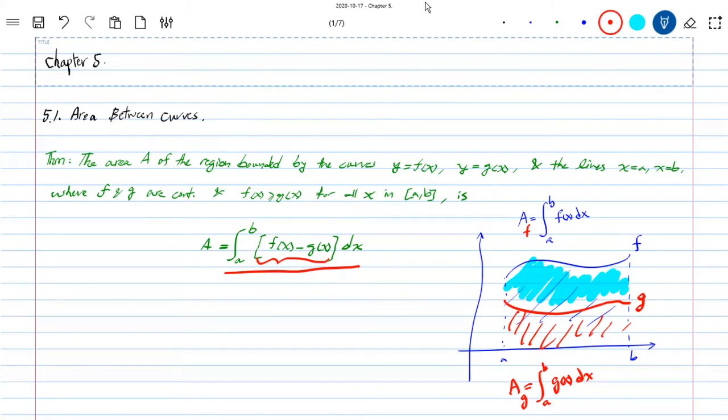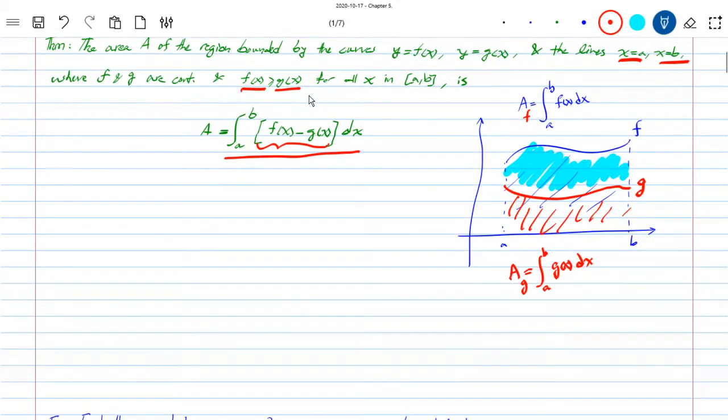So if f is always greater than or equal to g, for some continuous functions over the interval a to b, then the area between the two functions is the integral from a to b of f of x minus g of x dx. Again, in this assumption, we assume that f is always above g. We'll talk later about what if f is not always above g, what if there is an intersection between the two functions.